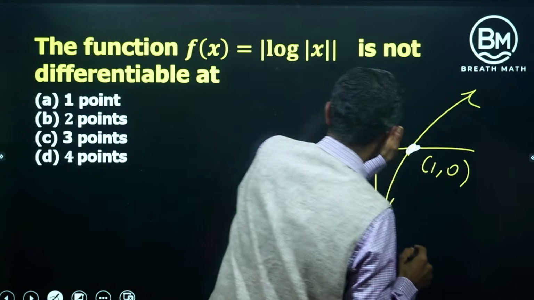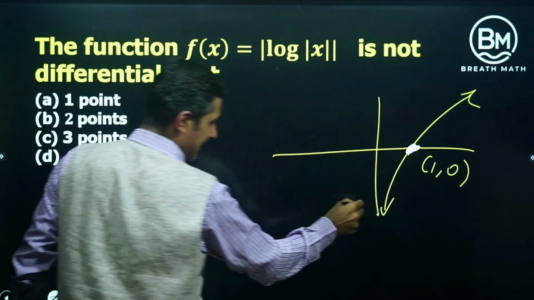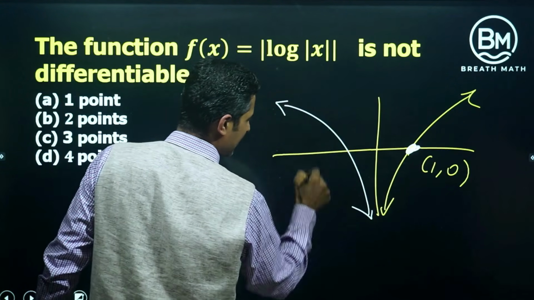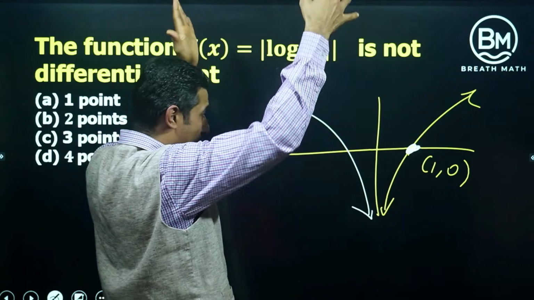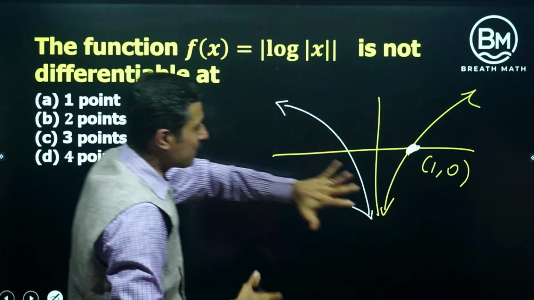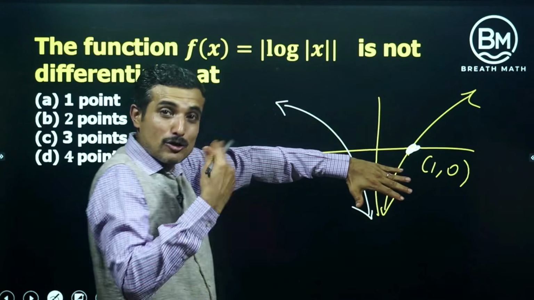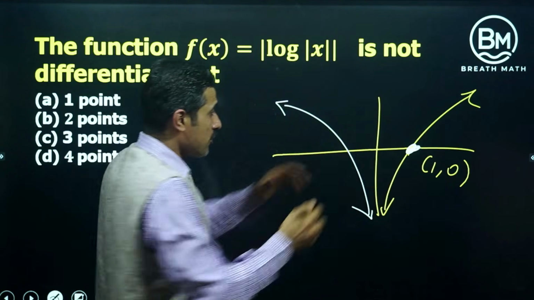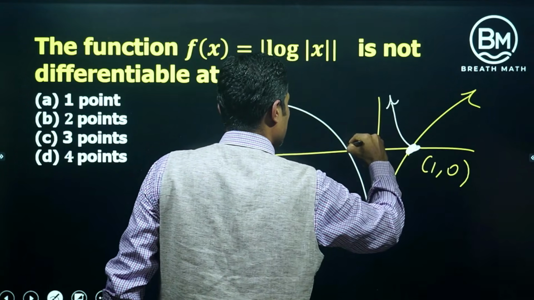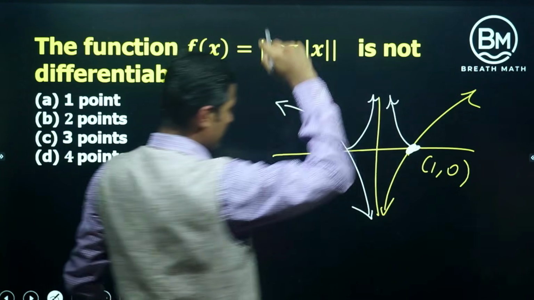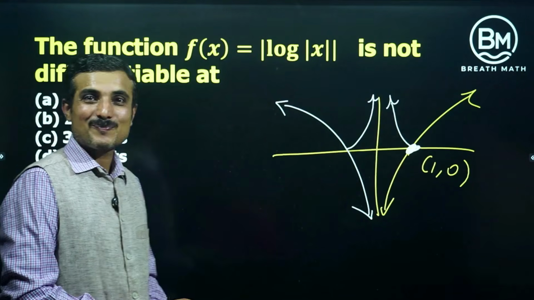Now you take the mirror image about the y-axis. This is log mod x. But if you put modulus to log mod x, you have to take the mirror image about the x-axis also. So if you do that, the final curve looks like this.